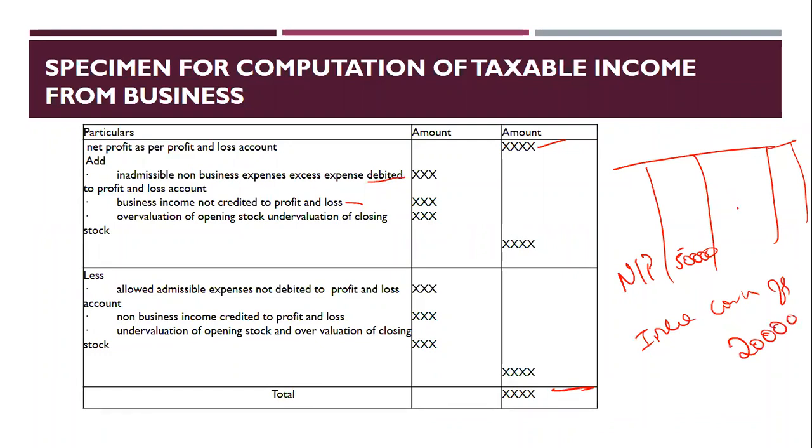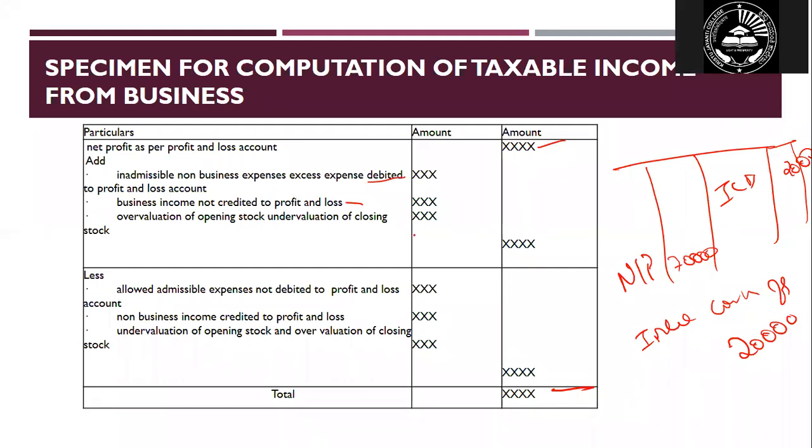Now, since it is an income from business, you have to add it back. Why are we adding? Because if they had added it here in the profit and loss account, that is income from business 20,000, then my profit would be shown as 70,000. Because they have not added it here, now we are adding it in the calculation. Am I clear? I hope you are clear in this.